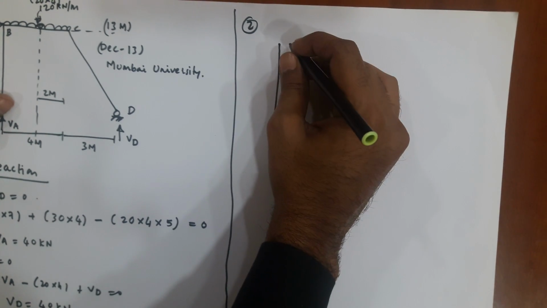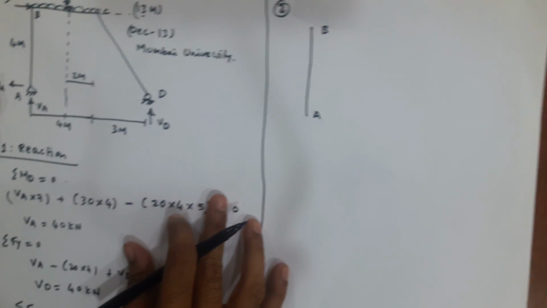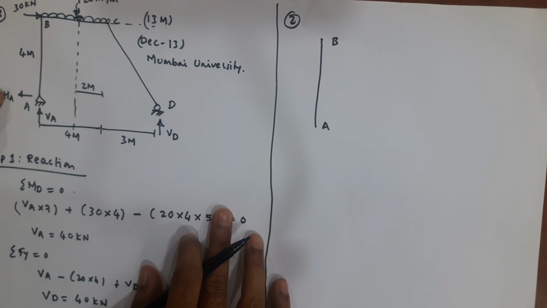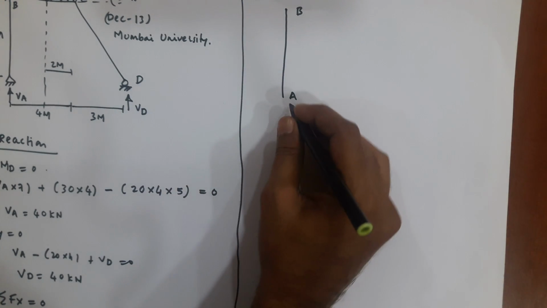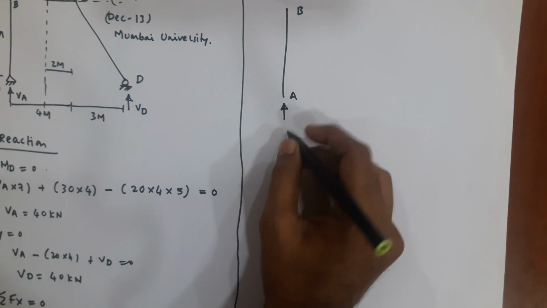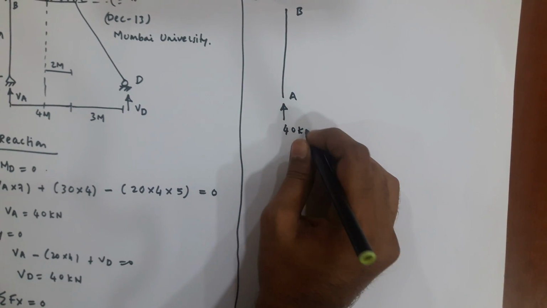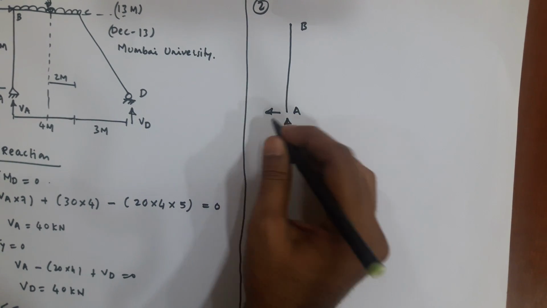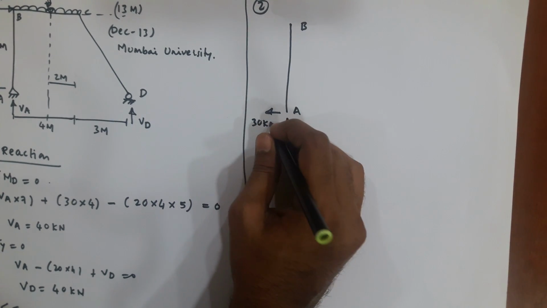A, B. In the free body diagram you have to show the loads and the reactions on member AB. So we know we have here VA is 40 kilonewton, HA is 30 kilonewton.